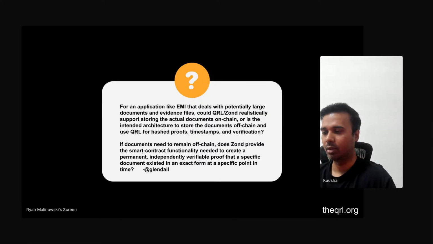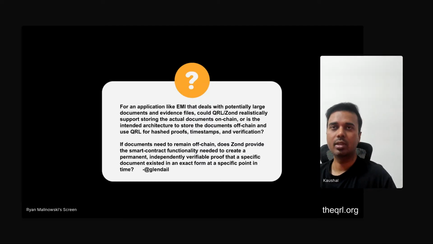If you store directly on the QRL blockchain, you can do that with a smart contract. Maybe there's a limit on how much data you can send in one single transaction, so you can split it into multiple transactions, but that's going to cost you depending on the size in bytes that you are sending. But yes, you can still store the documentation using the smart contract and do what you want, including verification and everything.